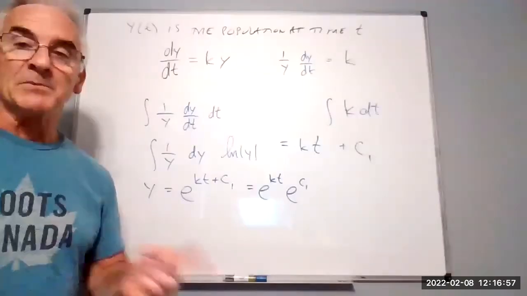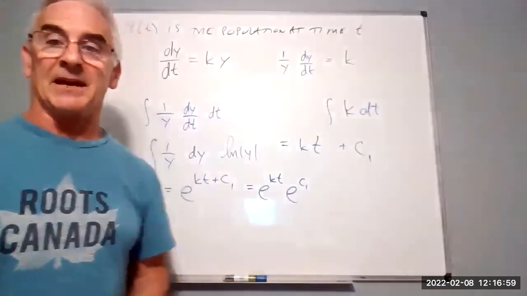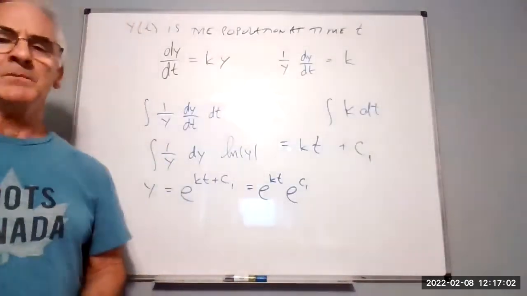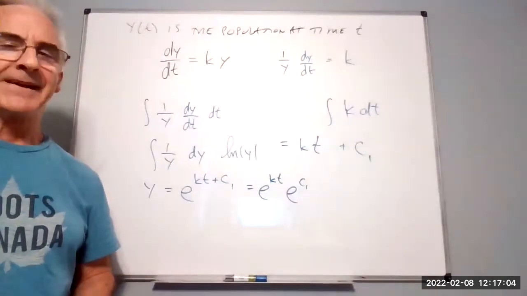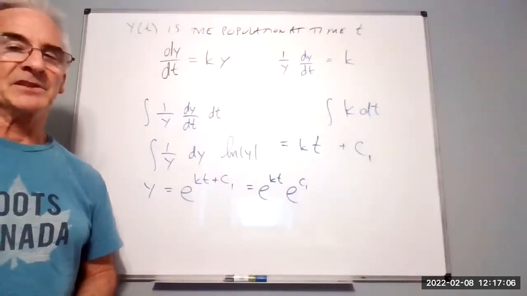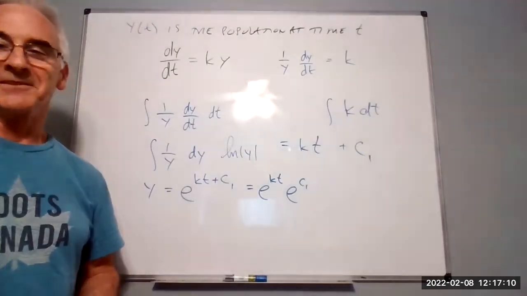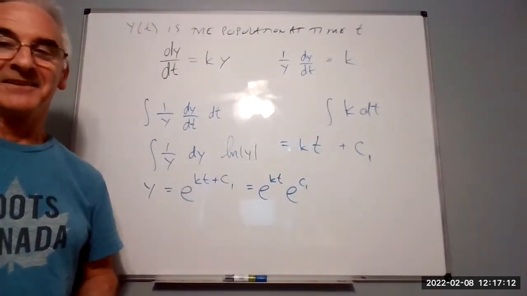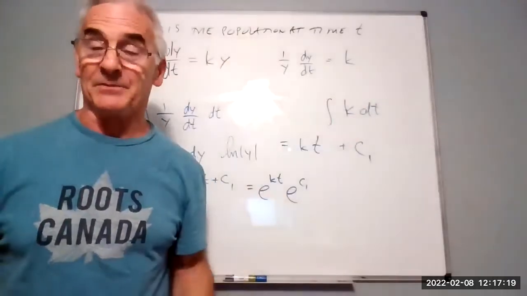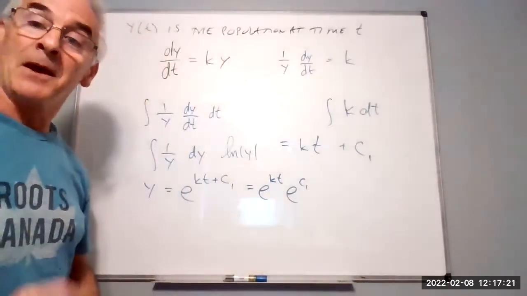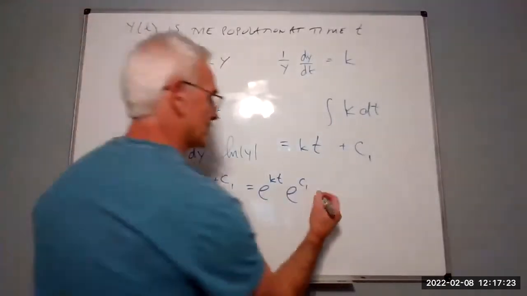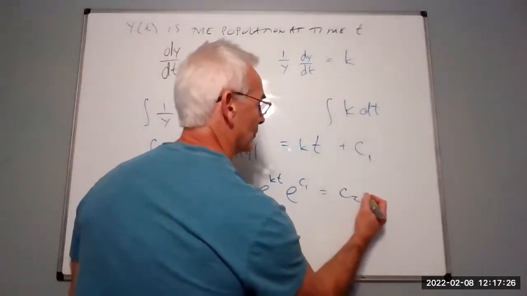Now, if c1 can be any real number, positive or negative, can e to the c1 be any real number? No. It can be any positive number, because e to a power can't be negative. e to the c1 represents any positive real number. So why don't we just call that c2.